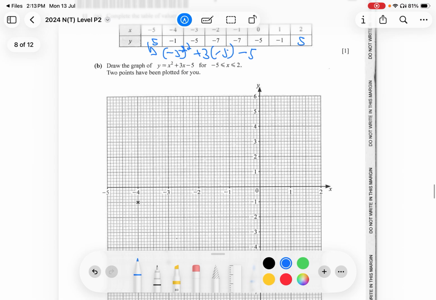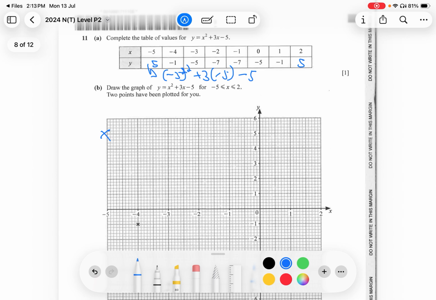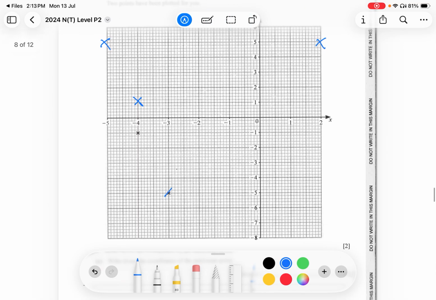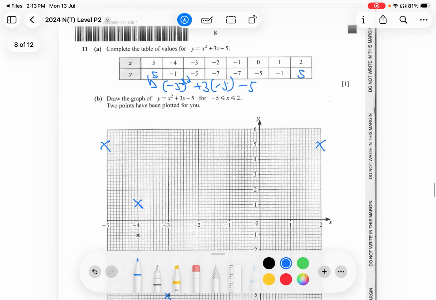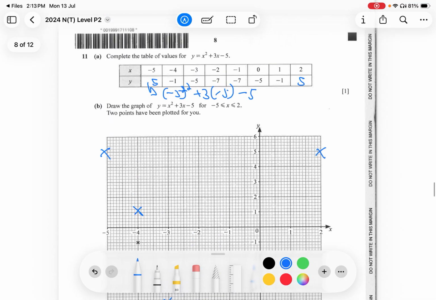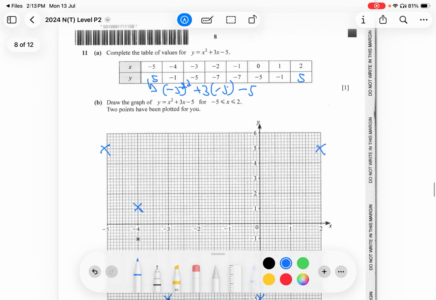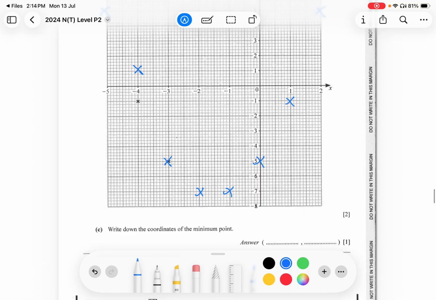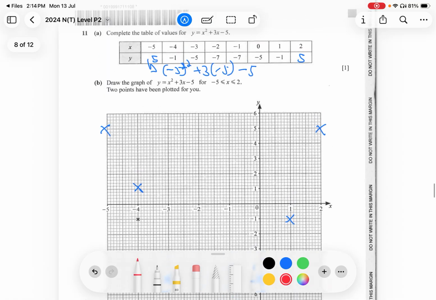Then you plot minus 5, 5 and 2, 5; minus 4, 1; minus 3, minus 5; minus 2, minus 7; minus 1, minus 7; 0, minus 5; 1, minus 1. The graph will be something like this.